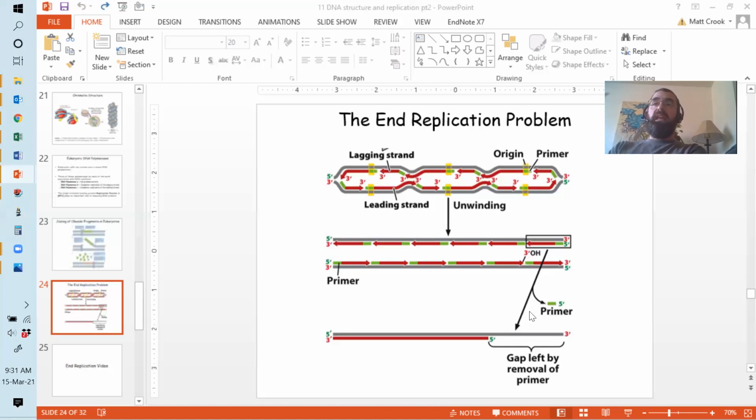And so in these cells which are expressing telomerase, this end replication problem does not occur, right, because these gaps are filled. I think they can even rebuild the telomeres as well. I'm not 100% sure about that, but I think they can too, right?